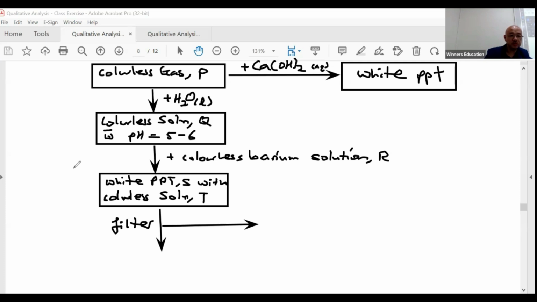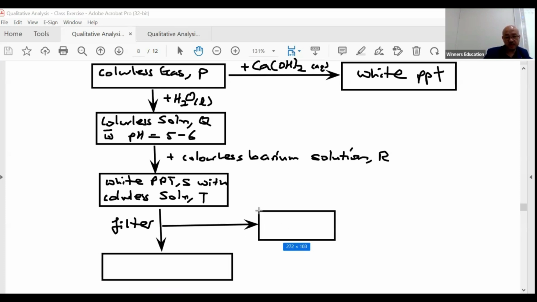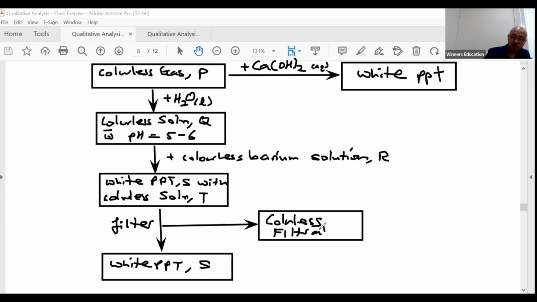And on filtering, I get two things, one here and one here. So this is a white precipitate S. And then I have a filtrate. Everything based on the question. Did I do anything funny? No. And we close the question with the last reaction arrow.